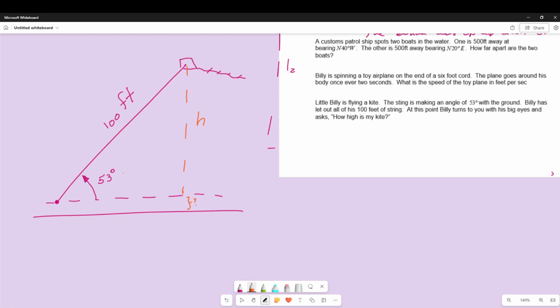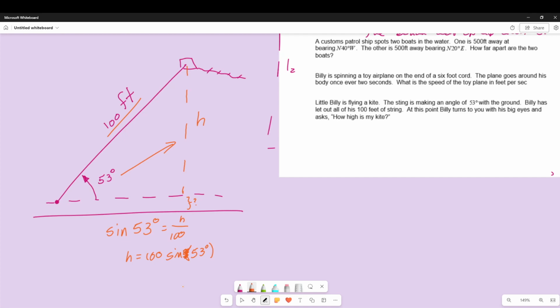So we're looking for the side opposite our angle, and we have a hypotenuse, so that means this is a sine question again. So the sine of 53 degrees has to be that height over 100 feet, so that height had better be 100 times the sine of 53 degrees.